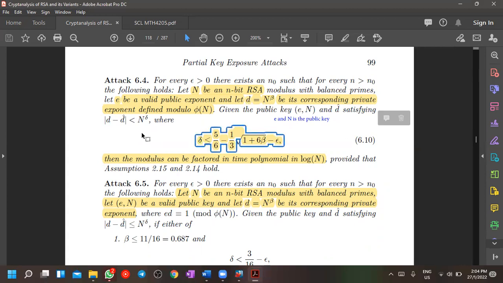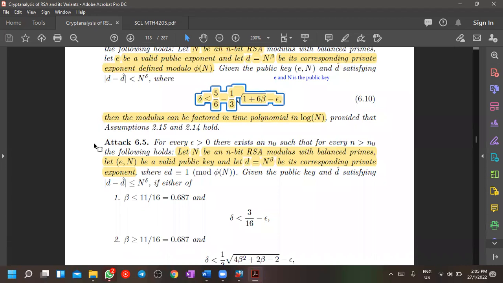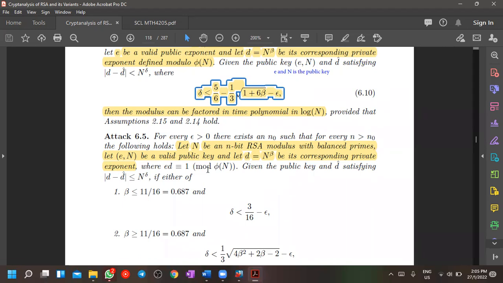And then the modulus can be factored in time polynomial in log n. For attack 6.5, we also use the same lemma, right? We are given the public key and d tilde satisfying this condition.